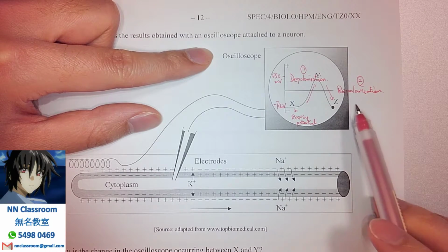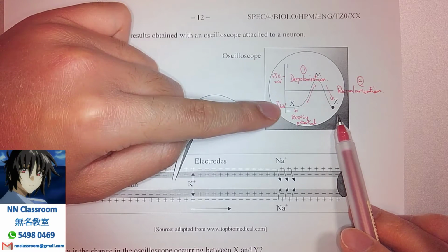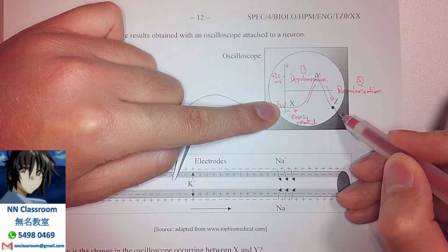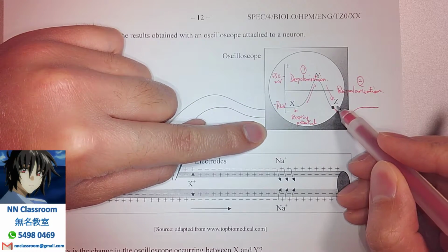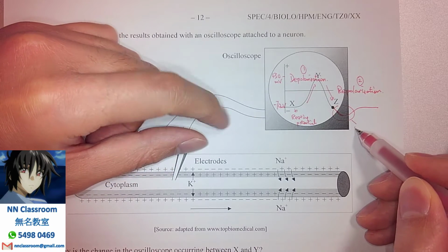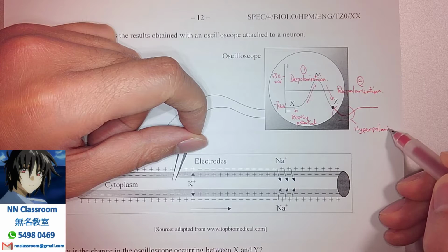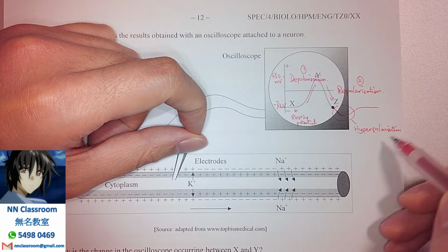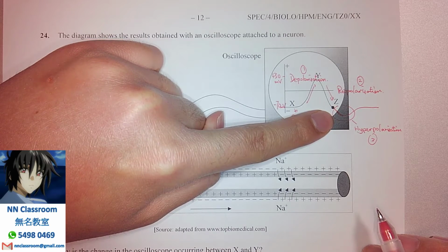And sometimes after the repolarization, we will go even lower than the original. So that is a process, but it doesn't show in this case. But if you see, this is a part we call hyperpolarization. There is some biological significance for having a hyperpolarization that your teacher should have told you.